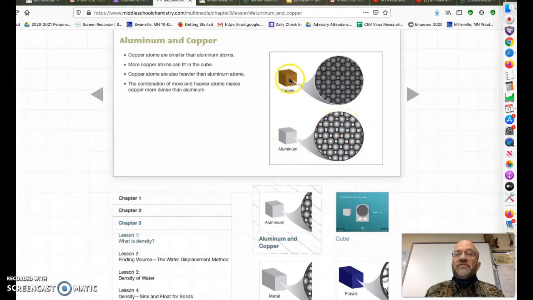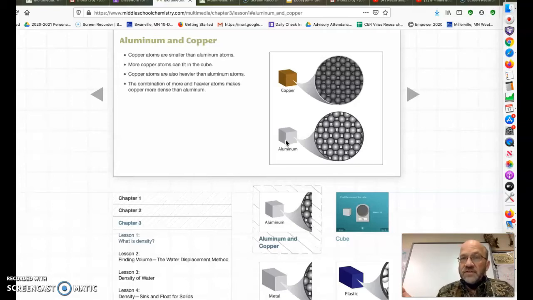So if you think of how much an aluminum cube would weigh compared to a copper one, which one is heavier, copper or aluminum? Would an aluminum ladder be lighter or would a copper ladder be lighter, even though they're the same size? Why is that?